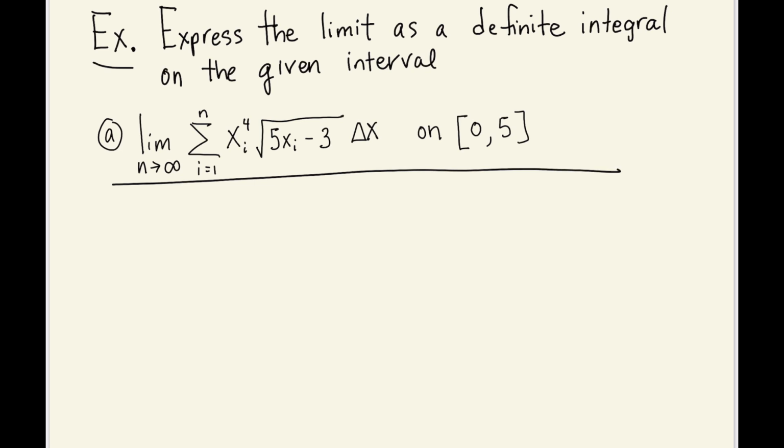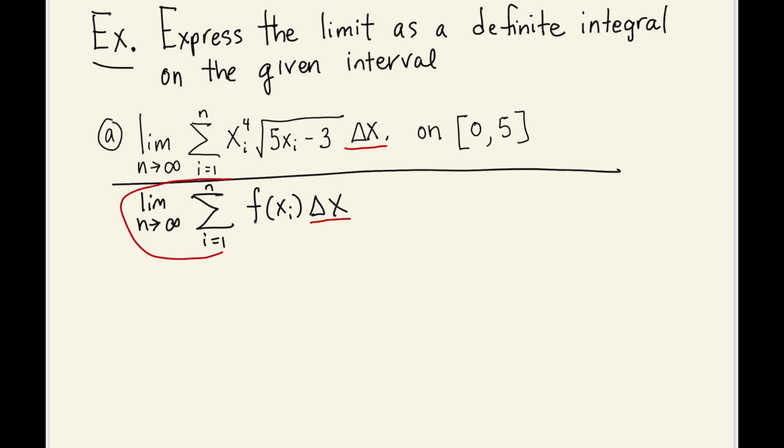Remember that this expression you see here, I'm going to write the definition below it so you can see them next to each other. You can see I've got my delta x here, and this part right here is f of xi.